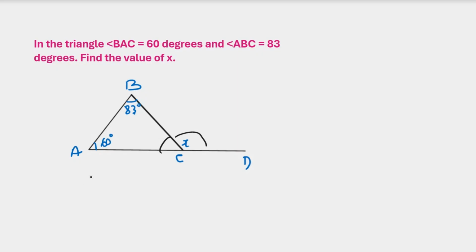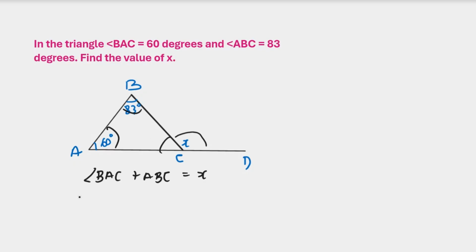So angle BAC plus angle ABC is equal to X. BAC is this angle, and ABC is this one.